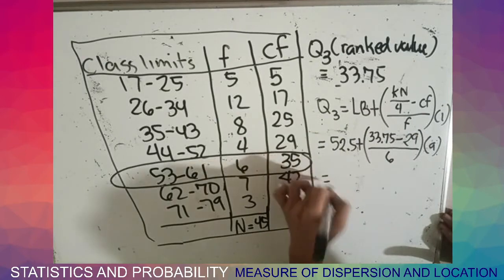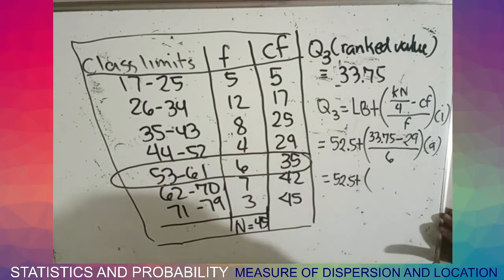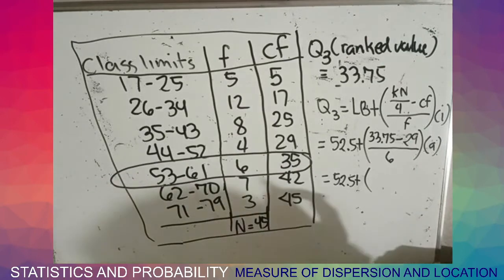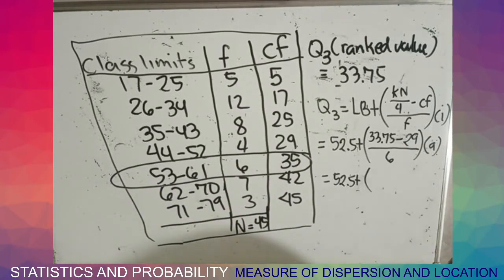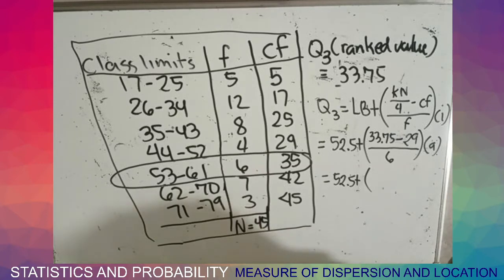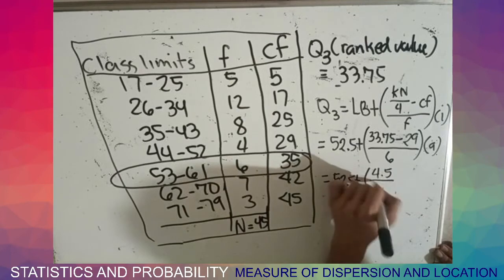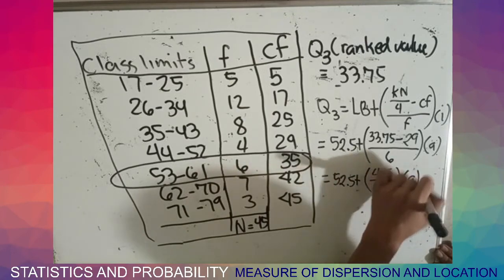Okay, simplify lang natin. Isa-isahin lang natin. So, 33.75 minus 29. Anong sagot? Okay, 4.5 muna, divided by 6 times 9.